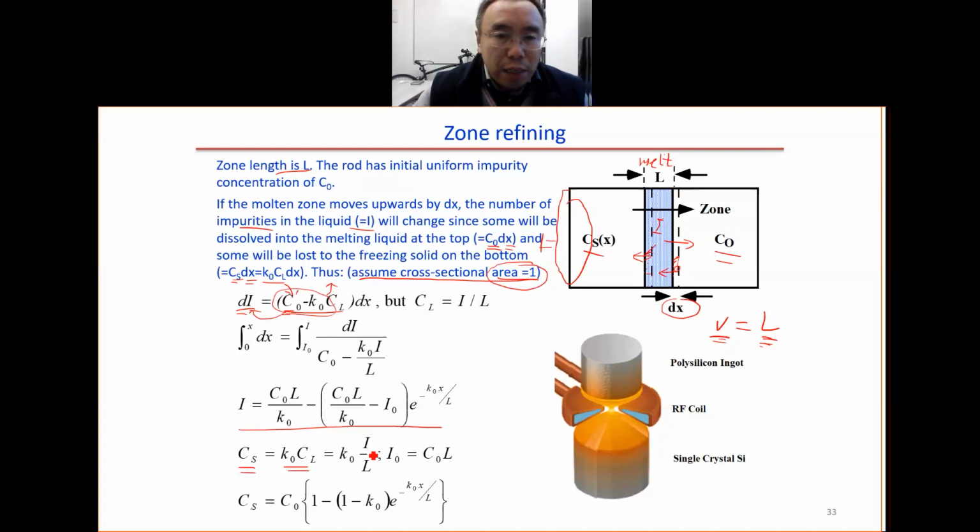I divided by volume gives you the concentration C. So I0 equals C0 times L. This also makes sense. I0 equals C0 times L. This is what happens at the starting point. So at the starting point, we have this condition here. Then we bring this one to here.